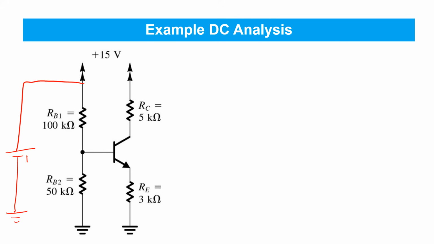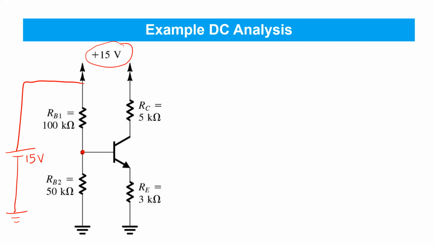This is a common circuit technique because we'll see that this allows the base voltage to be biased somewhere below the collector voltage, but above the emitter voltage, without having to have a separate dedicated supply providing the base voltage explicitly. We can use the same, in this case, 15-volt supply for both, that's biasing both the collector and the emitter. So it's a common circuit technique, but the analysis is a little more complicated here.